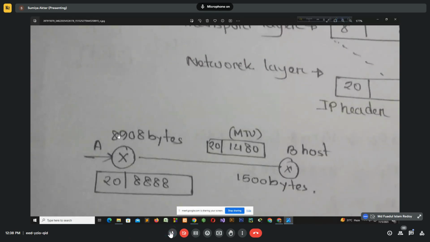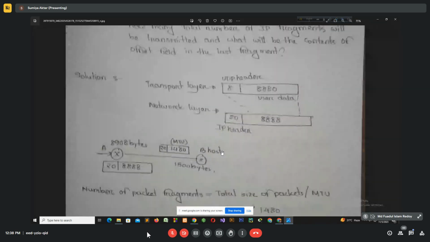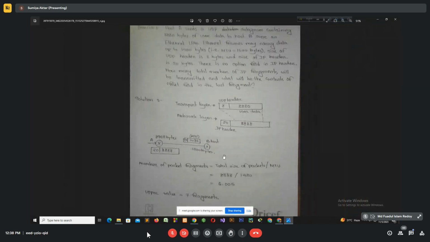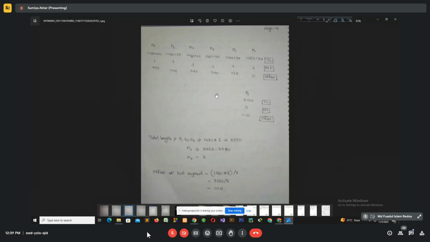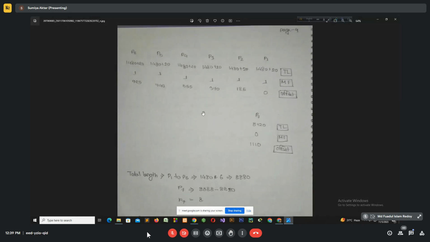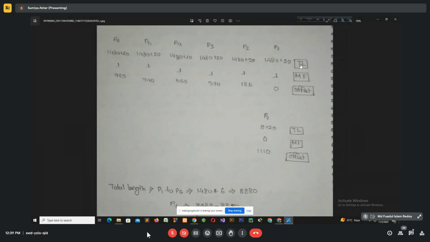Yes, Apu, we have understood. Can you please again tell the second question? What will be the contents of the offset field in the last fragment? Okay, I'm showing that for two. After that we have to find our total length, then our more fragments, and then our offsets.